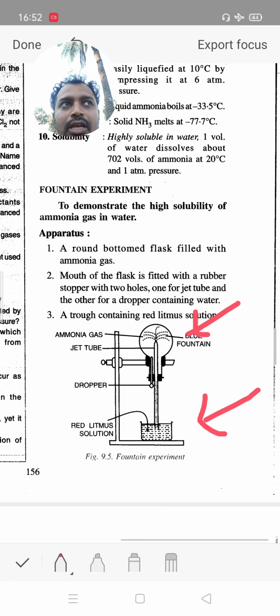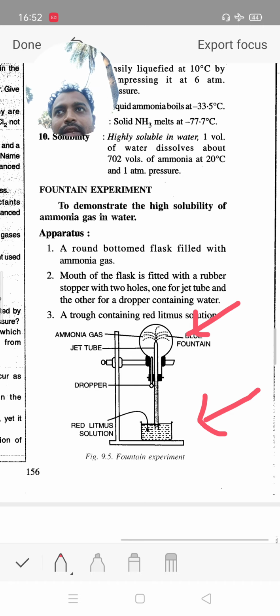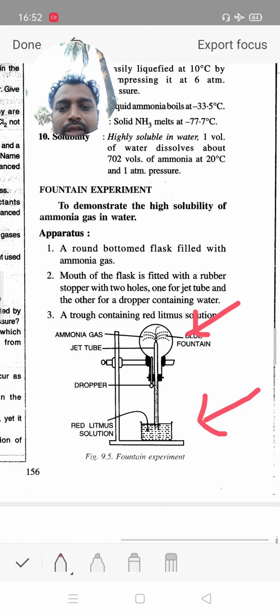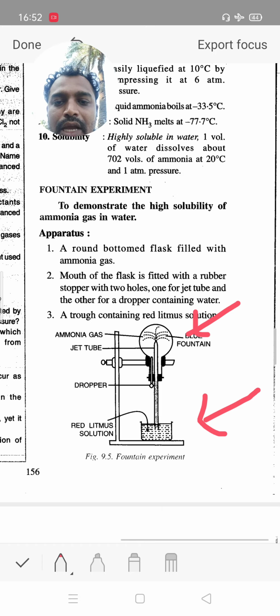When the red litmus solution turns into a blue fountain, we call it alkaline or basic in nature. So we prove that ammonia is basic in nature and highly soluble in water by this method.